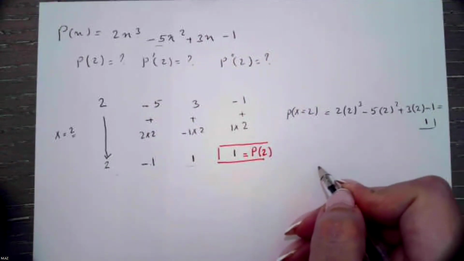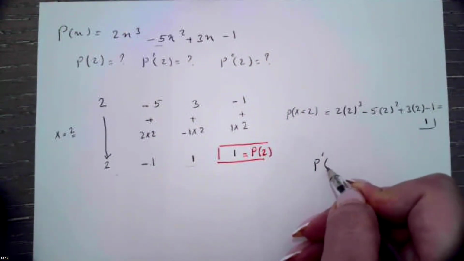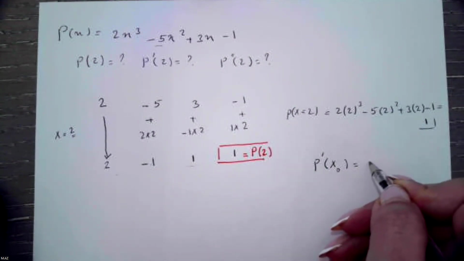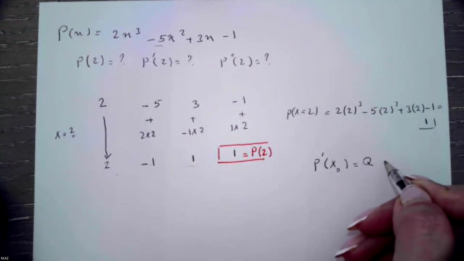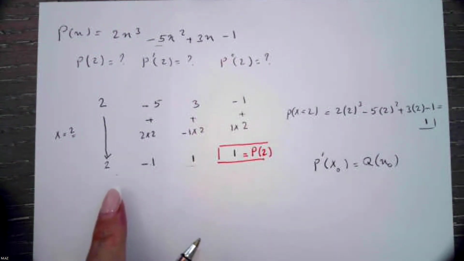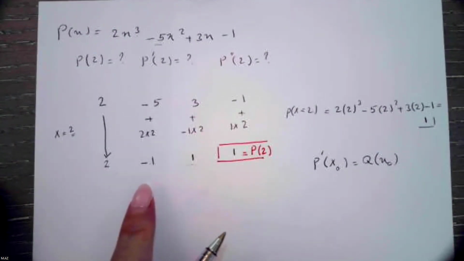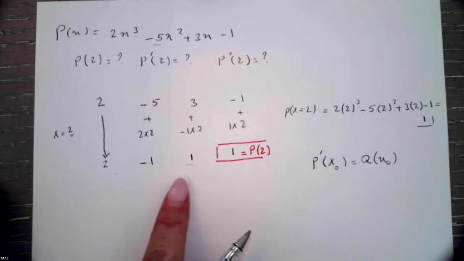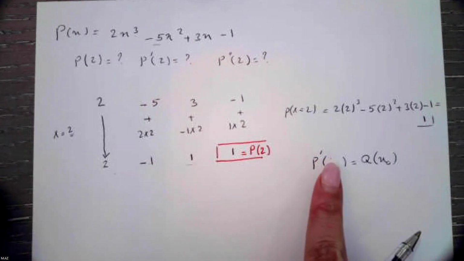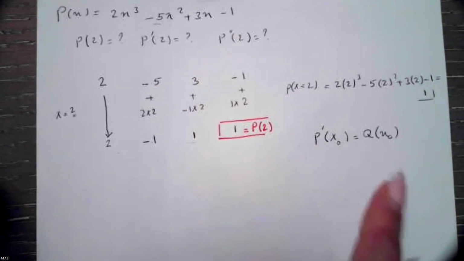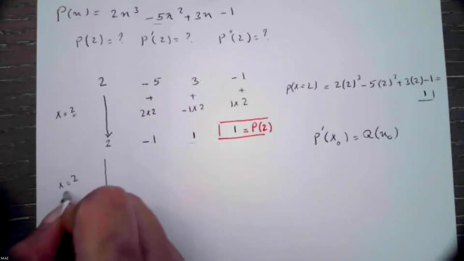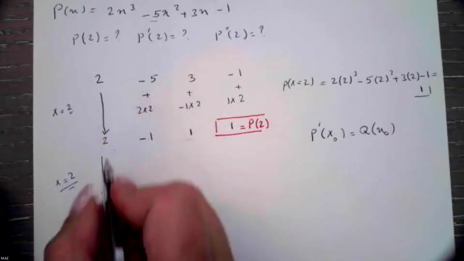We learned that the first derivative of the polynomial function at point x0 is equal to the value of the quotient at x0. It means if I find the value of this quotient at x0, we can find the first derivative of this polynomial function, evaluated at the same point.